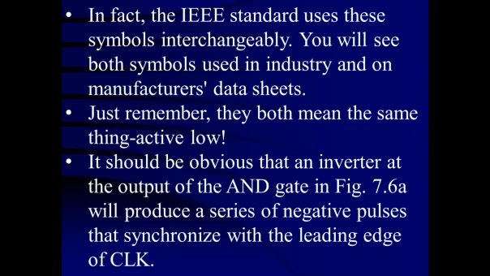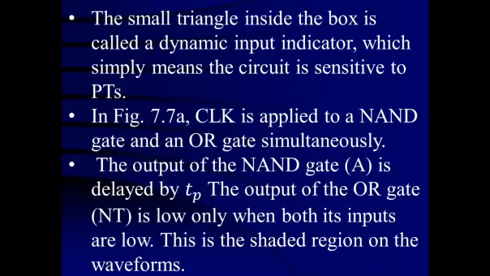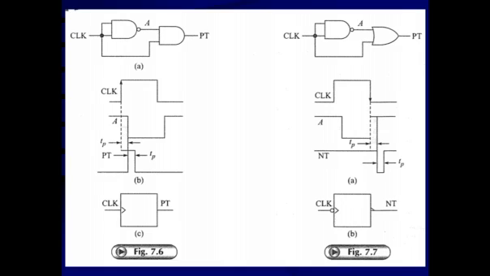It should be obvious that an inverter at the output of the AND gate in figure 7.6a will produce a series of negative pulses. They synchronize with the leading edge of the clock pulse. Now, there is one more thing. I will show you in a figure.